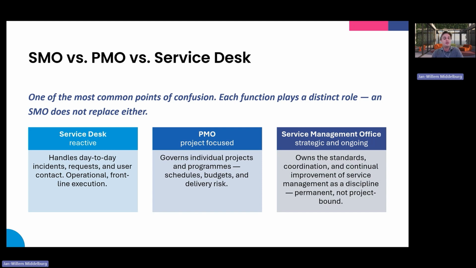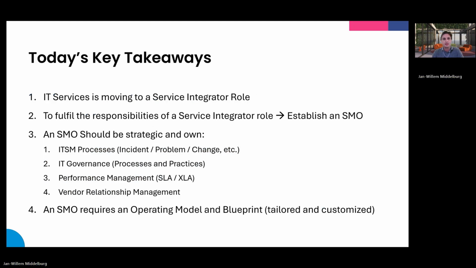And once one project is finished, we move on towards supporting the next project. Service Management Office is different in the sense that it will never stop. It's an ongoing function that is strategic and continually tries to improve things over time. So it's not just a one-time thing. And that really is one of the most critical differences between PMO, SMO, and the service desk.